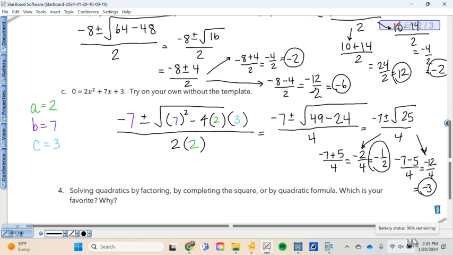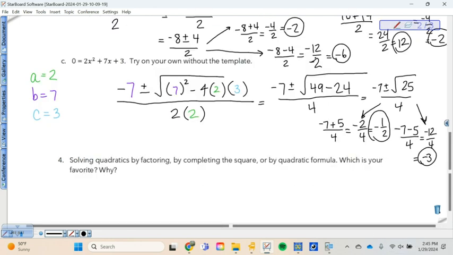And so we can solve a quadratic by factoring. What do you think is easier, solving by factoring like we did on the front, or using the quadratic formula? You think the formula is easier? Yeah? It kind of depends on the situation though, right?